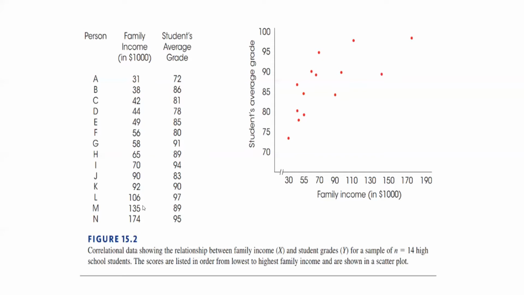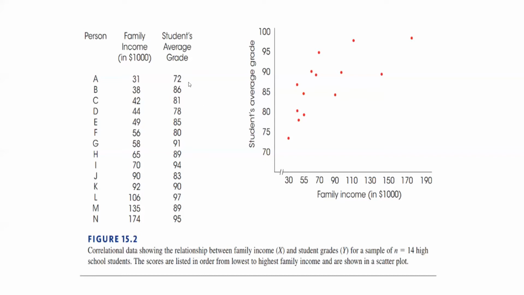So for instance, student M has a family income of $135,000. That's quite a lot. And their average grade is 89. Now compare that to student K and L, which have relatively lower family income than M. But their grades, especially student L, are higher compared to M. So yeah, there are some divergences in the data.